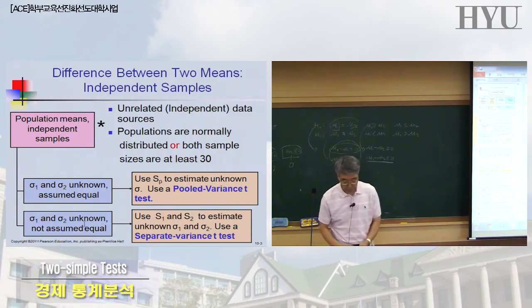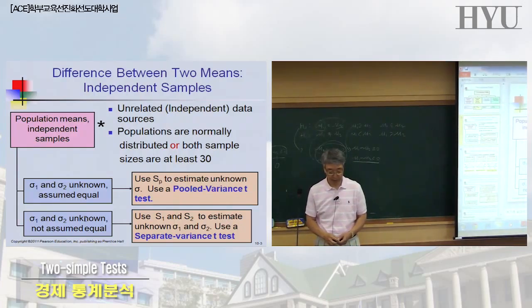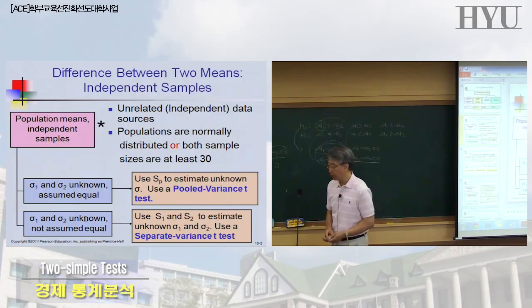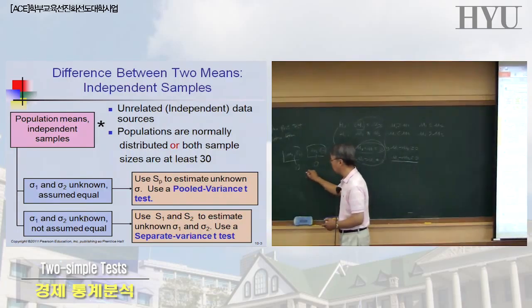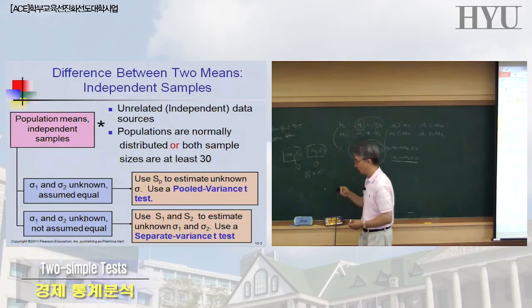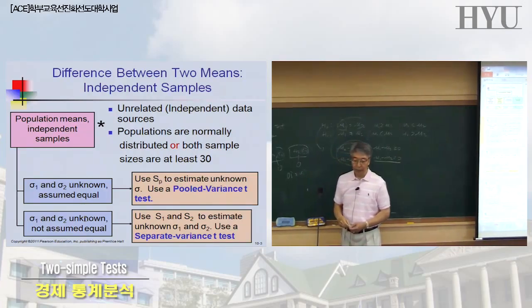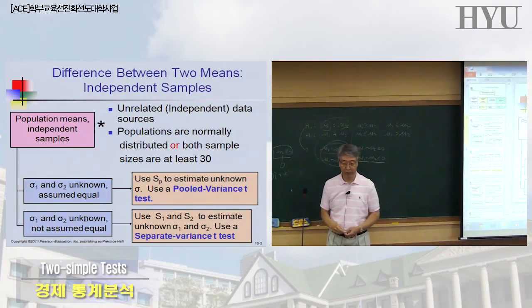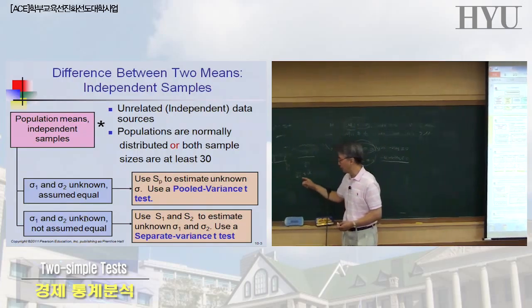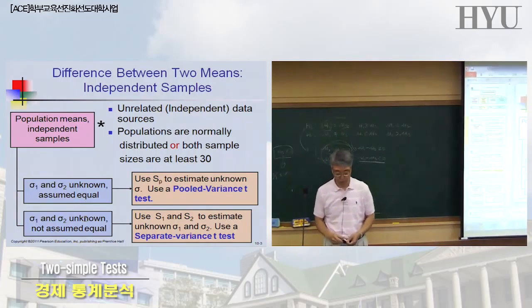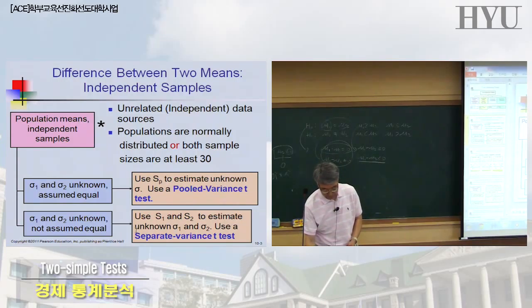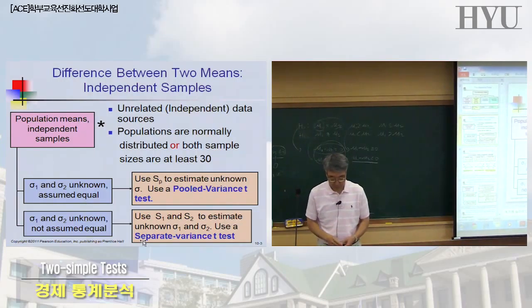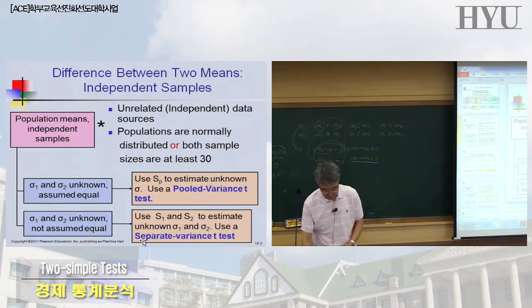But if you know that sigma 1 and sigma 2 can be different, or you cannot assume that they are equal, if you have sufficient evidence for this, or if you have a reasonable suspicion that they could be different, right, then you have to use a different test. It's called the separate variance t-test or Satterthwaite t-test. Okay? So we're going to talk about two different cases.